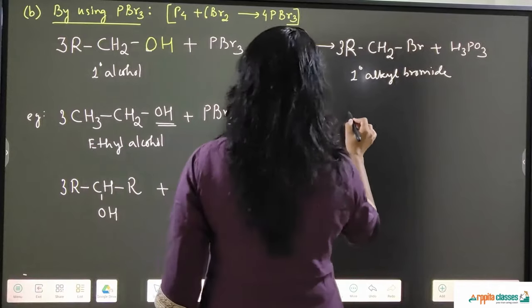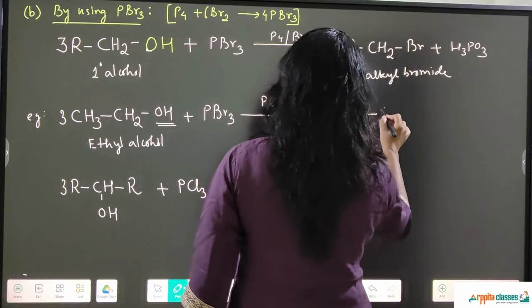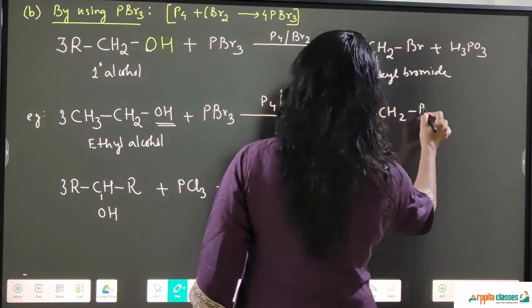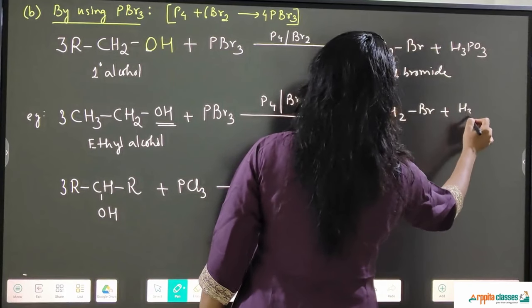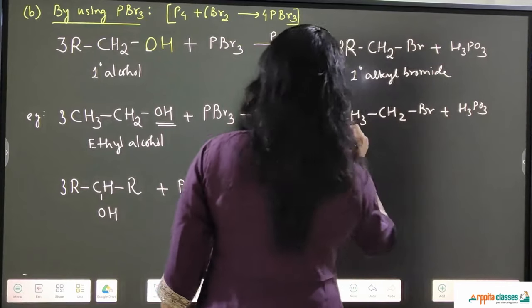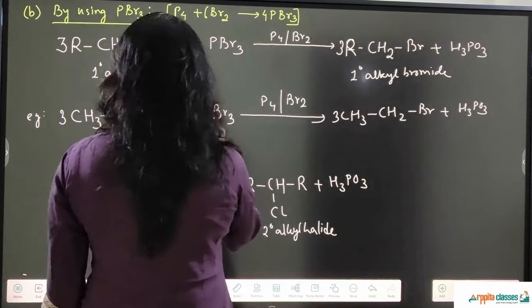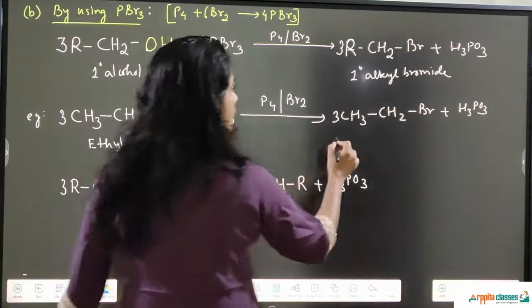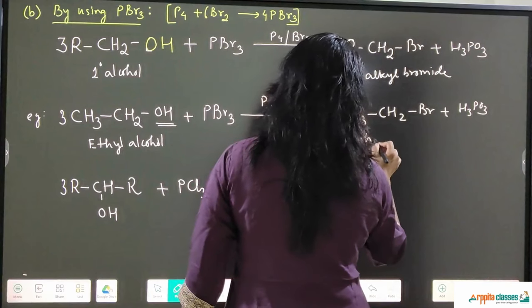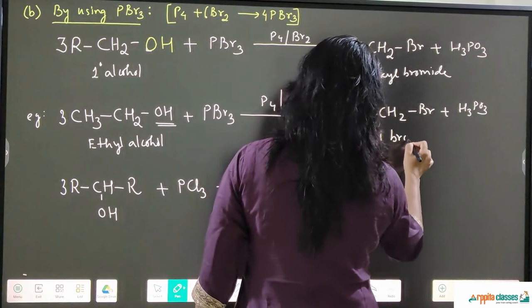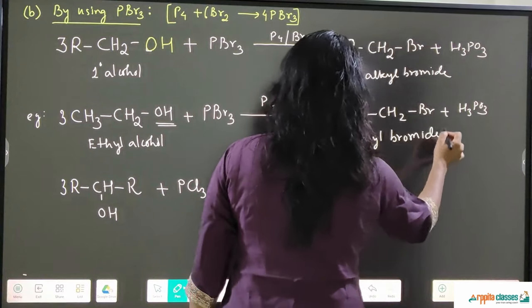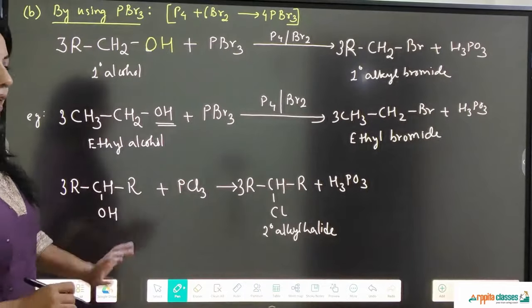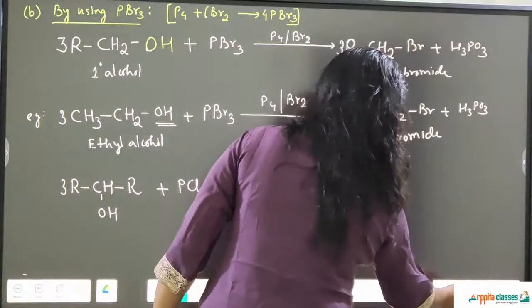So this will be CH3CH2Br plus H3PO3. This is your 3 and this is your 3. So from ethyl alcohol we will be getting ethyl bromide. Now we'll go back to the previous slide.